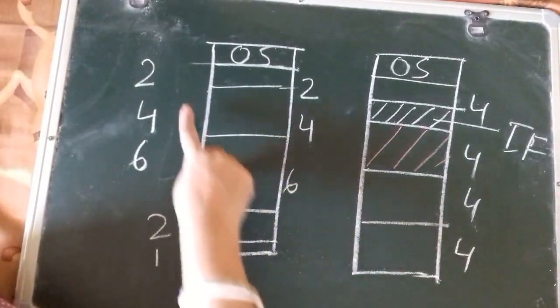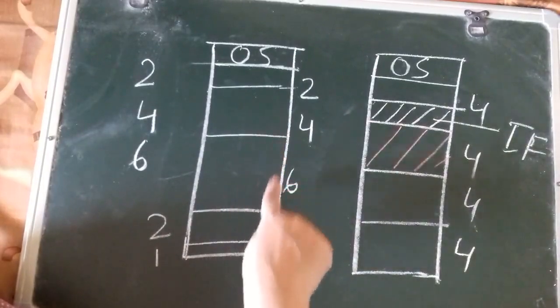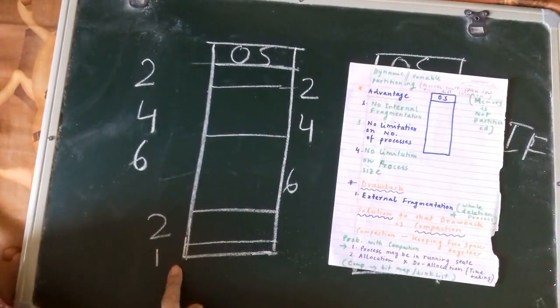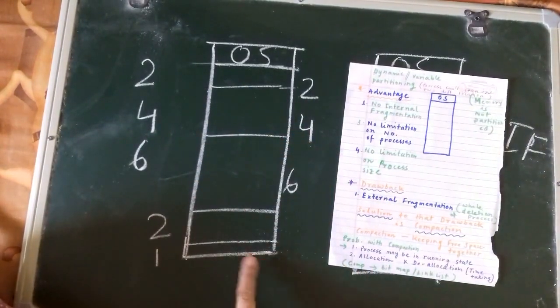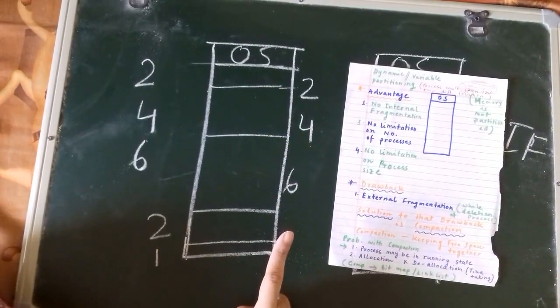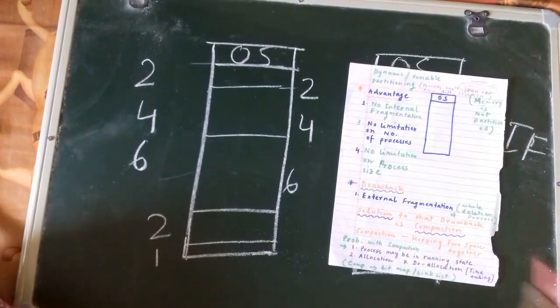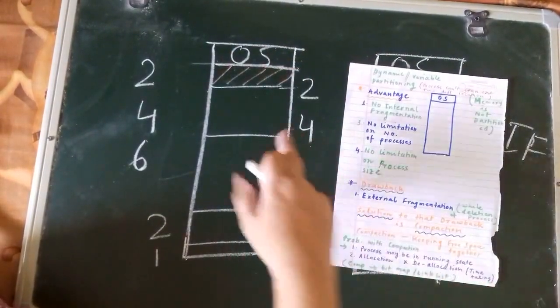You can consider a situation where 2K, 4K, 6K and 2K processes came according to variable partitioning. So 1K is the memory space wasted. Suppose this is the total memory; then 1K is the external fragmentation. There is no internal fragmentation. But in the case of deletion, suppose this process is deleted here. Now how much fragmentation do I have?